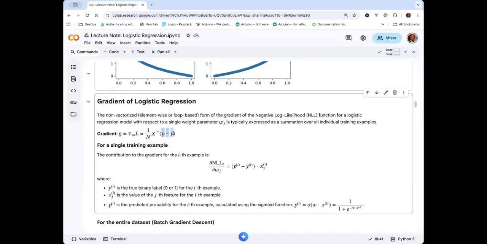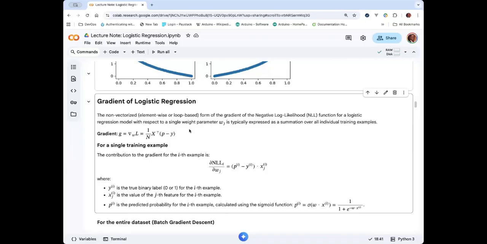This p minus y is the difference between the predicted and the actual value. So that is the total error, the total error in the system.